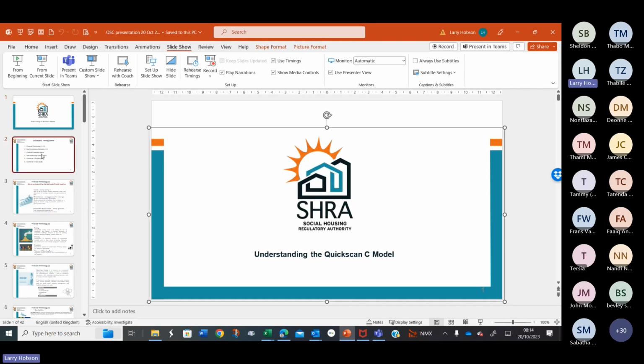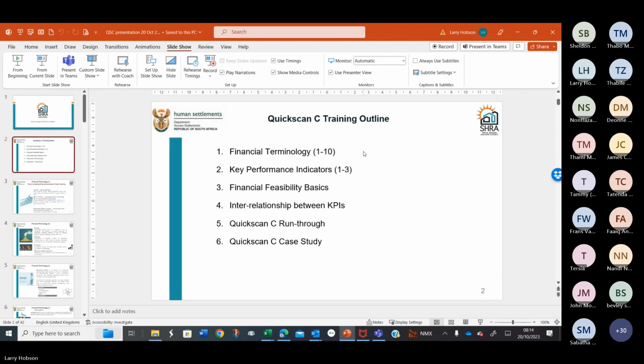So just to go through what we're going to cover today, the first few sessions will be about financial terminology, and this will either reinforce what people know about finance already, or will help those who don't have a good understanding of finance to get to grips with those terms. And then we'll be looking at the key performance indicators that are used, financial feasibility basics.